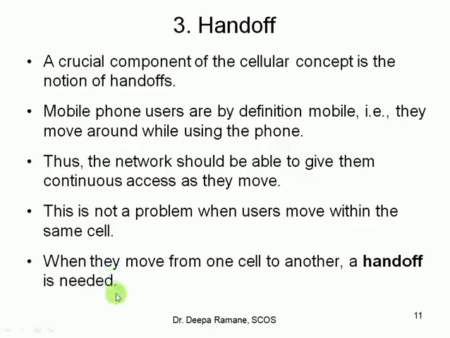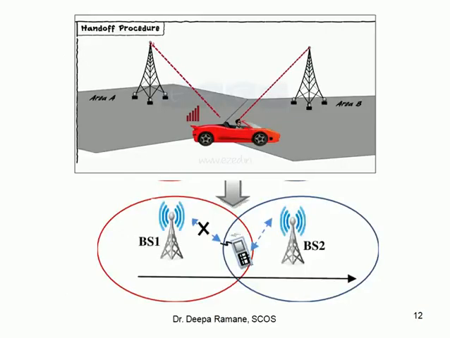In case of mobility, there is no problem when users move within the particular cell, because all the services will be provided by one particular MTSO tower. But the problem arises when you are moving from one cell to another cell.